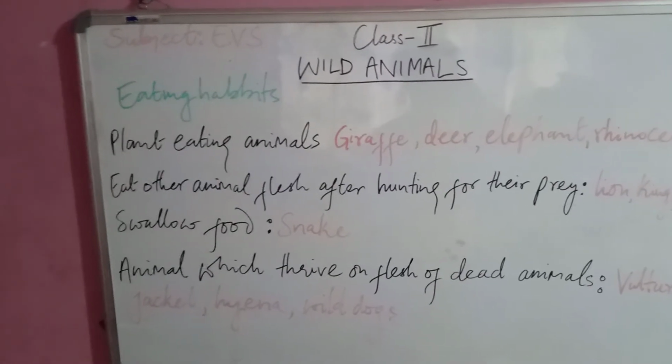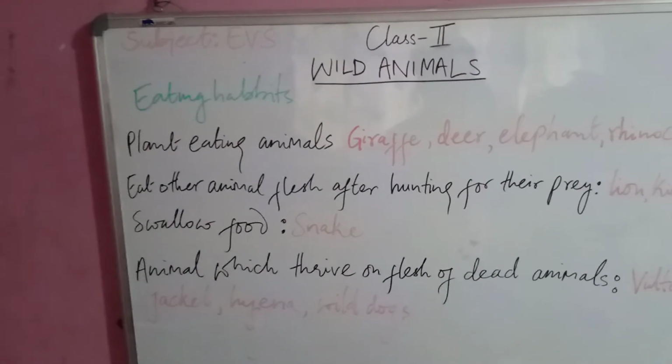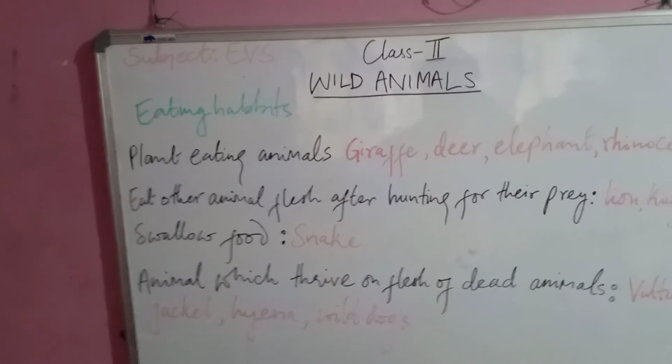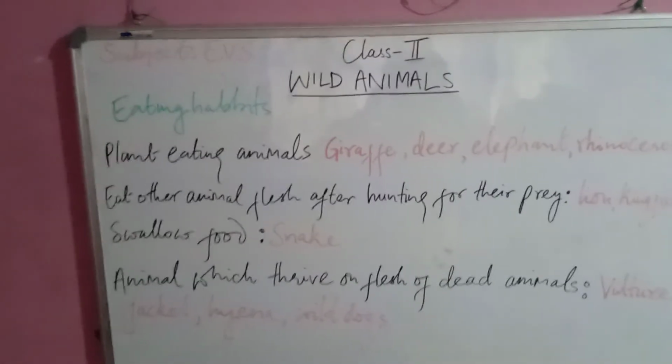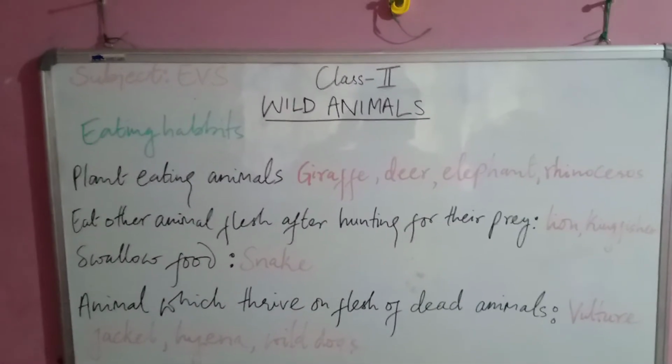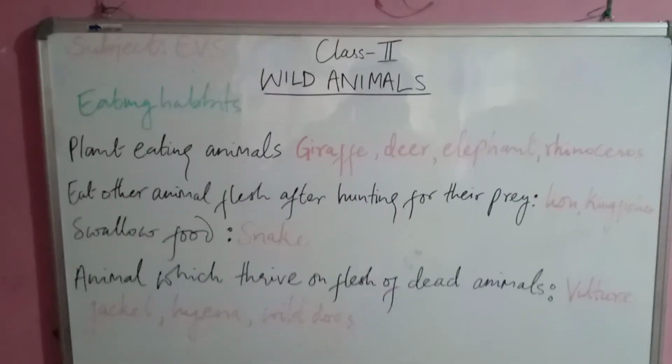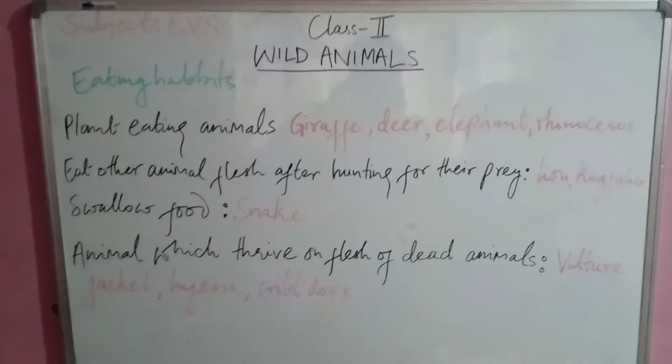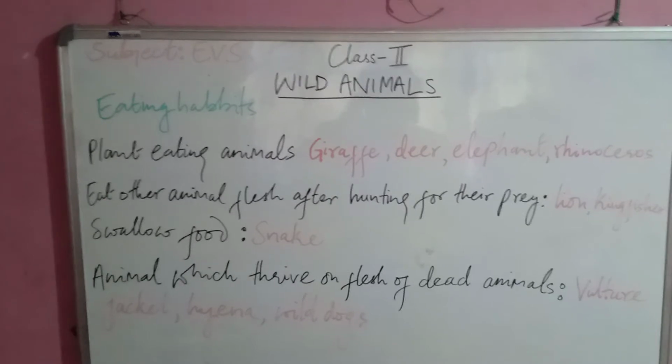So these are some examples of those who survive on the flesh of dead animals: vultures, jackals, hyenas, and wild dogs.